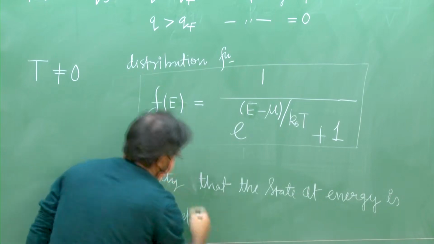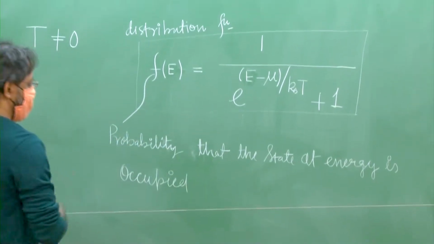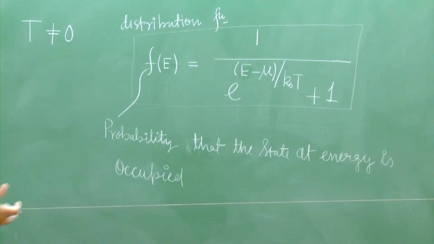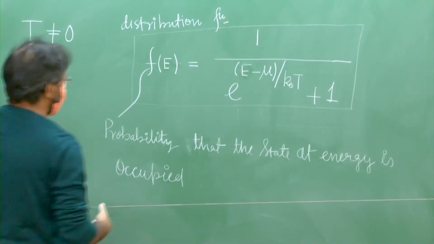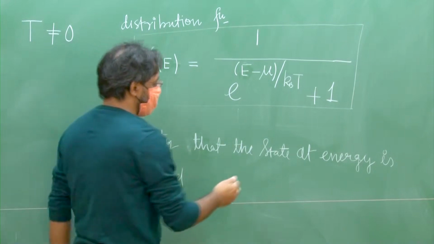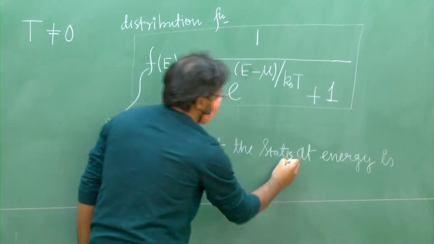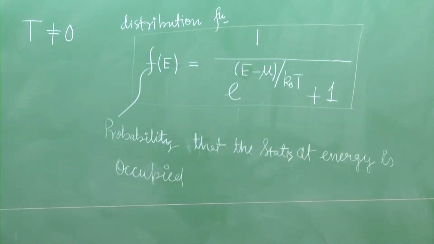And 1 minus F would be the probability of the state being empty. And in this case, of course, at energy E there are very many states. So, you may as well write it as states. So, the probability that the states at energy E are occupied is given by this quantity.